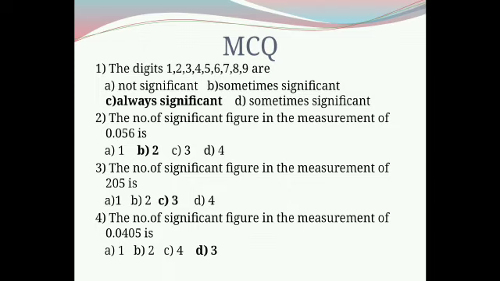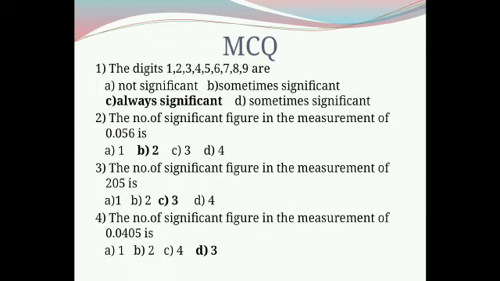First question is, the digits 1, 2, 3, 4, 5, 6, 7, 8, 9 are: options are not significant, second option sometimes significant, third is always significant, fourth is sometimes significant.